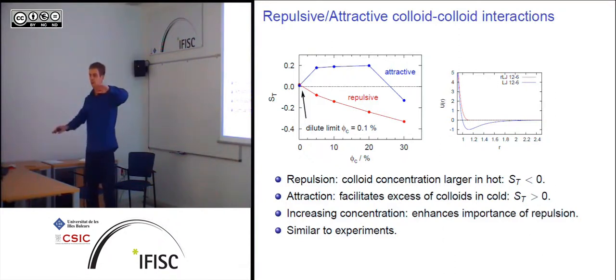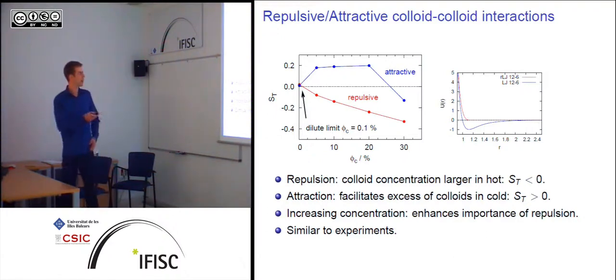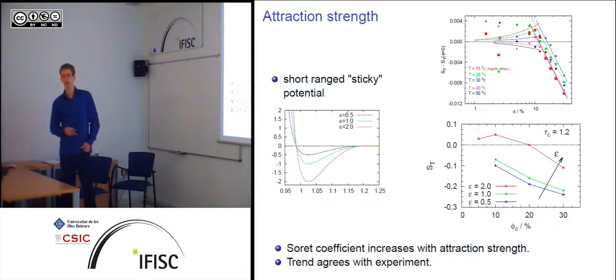You would have the gradient of the solvent, and then you have a higher concentration of colloids on the hot side. This is basically why it's negative here. But we find that the appearance of this plot is similar to what we find in experiments.